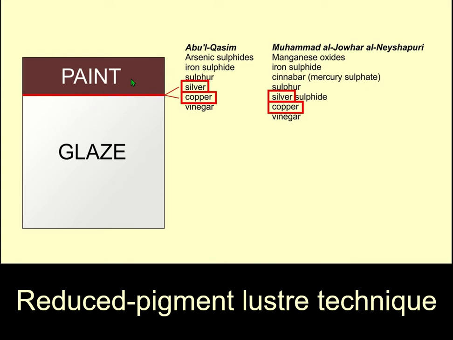If any oxygen gets into the kiln, the silver and the copper will all leave with the oxygen and there'll be nothing on the surface. So it has to be under a reducing firing condition at a low temperature. So it's a special later firing, and it's very difficult.